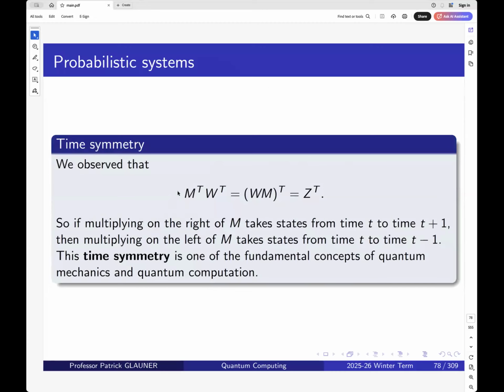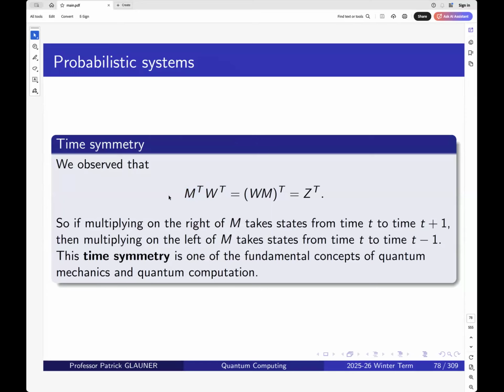And finally, this leads to something that I have formalized here, which is this time symmetry, because maybe you remember this from linear algebra. It's something we didn't revise, but it has nothing to do specifically with our matrices here.